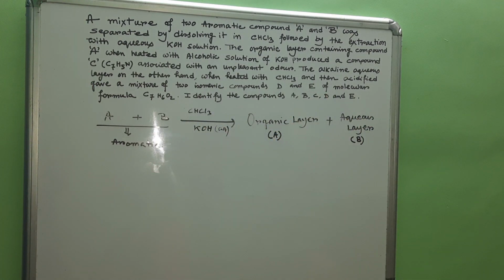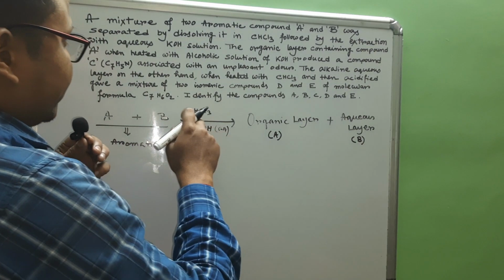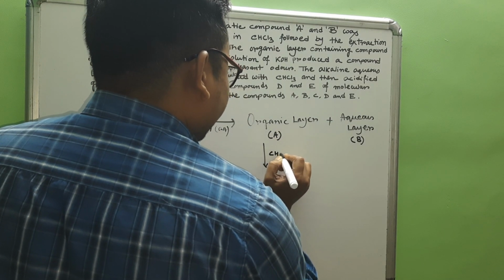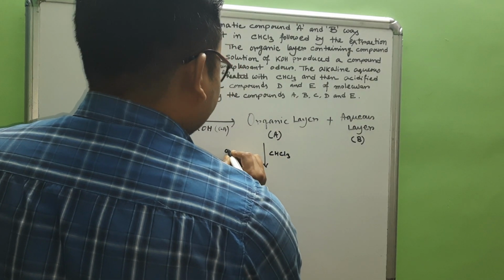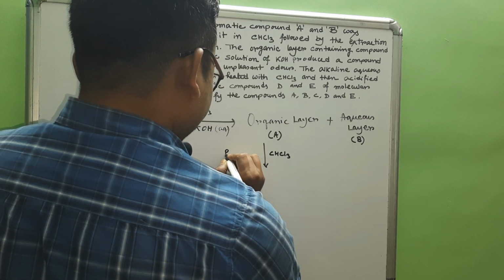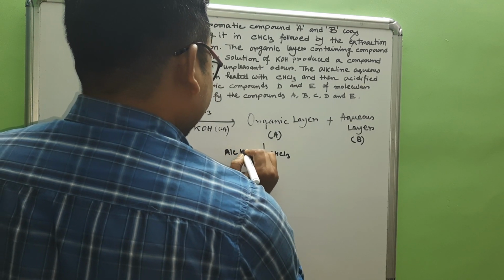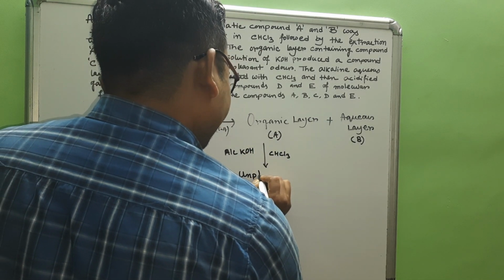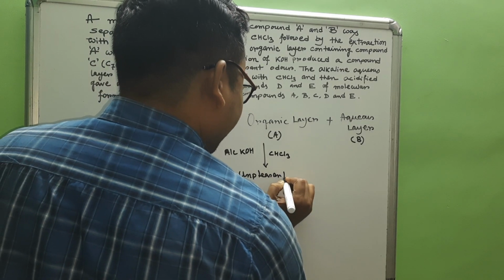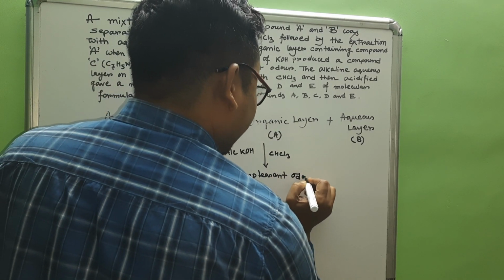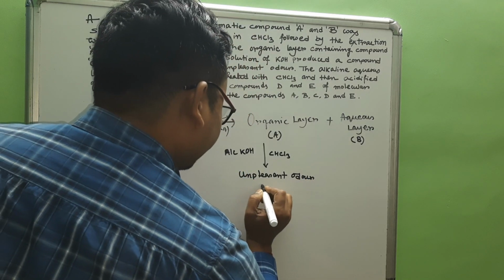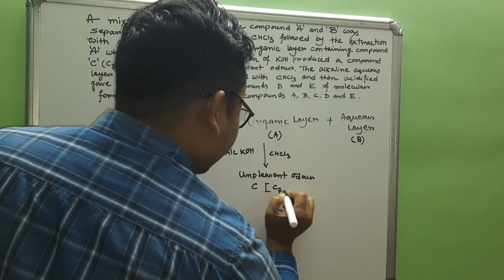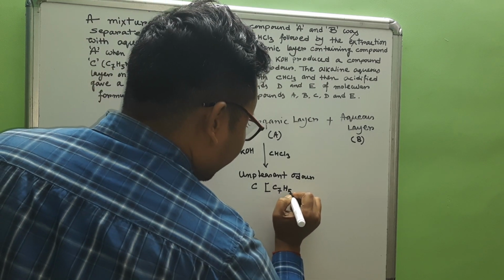The mixture already contains CHCl3, so if A is treated with CHCl3 and alcoholic solution of KOH, it gives an unpleasant odor. And compound C, the molecular formula of compound C is C7H5N.